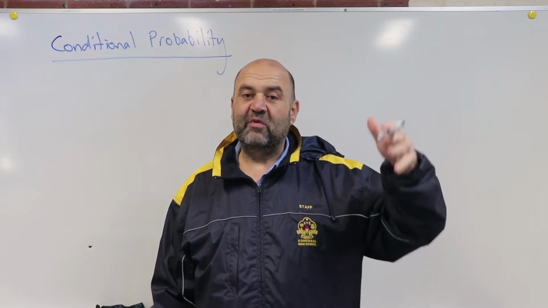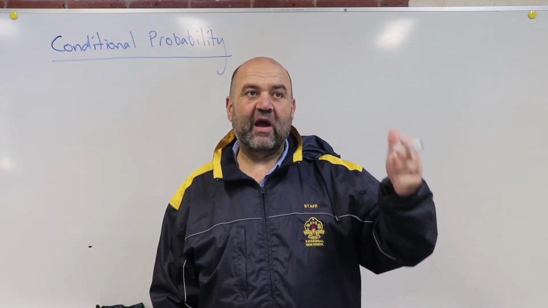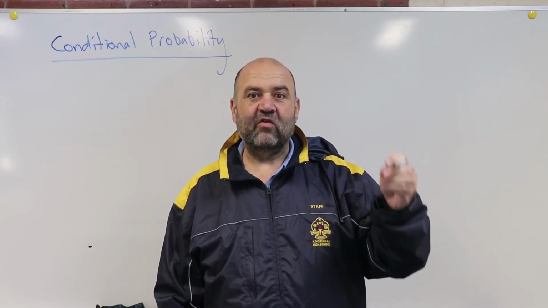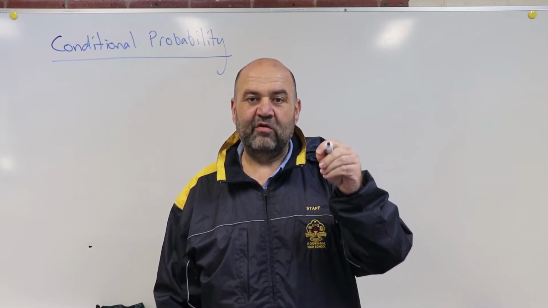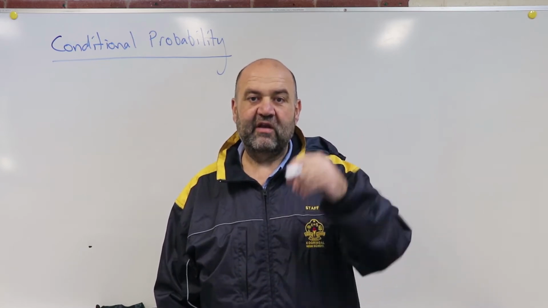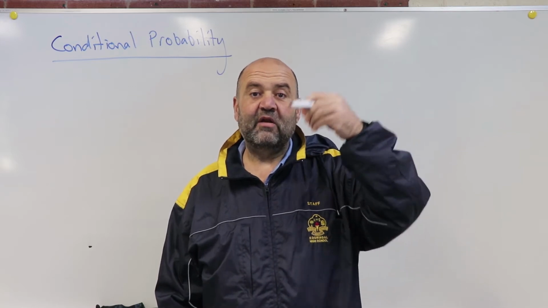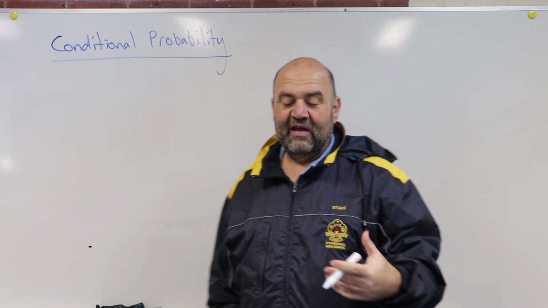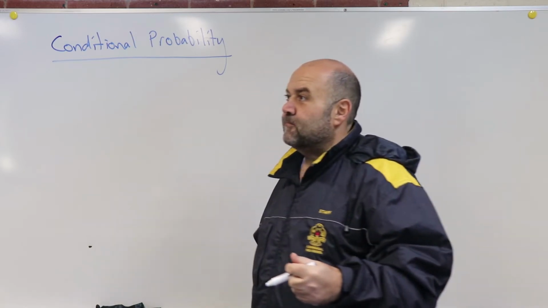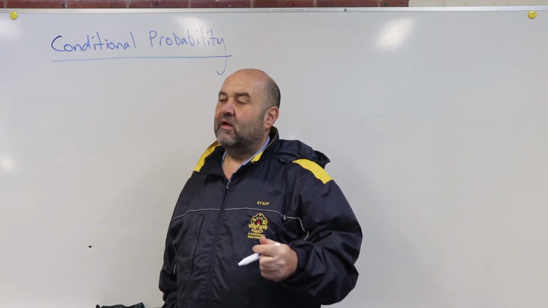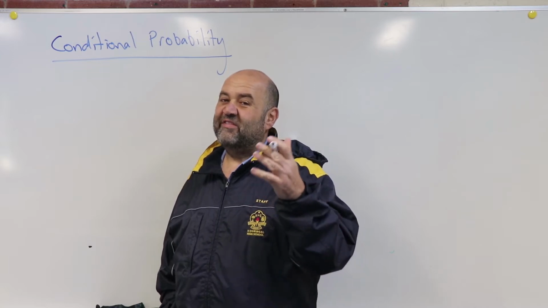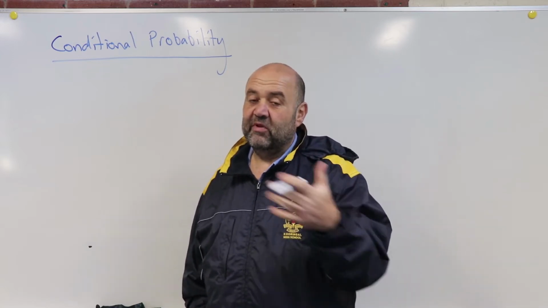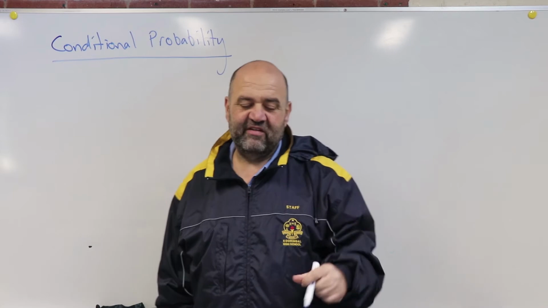But all these formulas are a way of getting down to that bare bones. The probability of an event is the number of ways the event can happen divided by the number of possible things that can happen. Okay, so let me give you an example of a place where we use a conditional probability, and then I'll put the formulas up so they make sense.